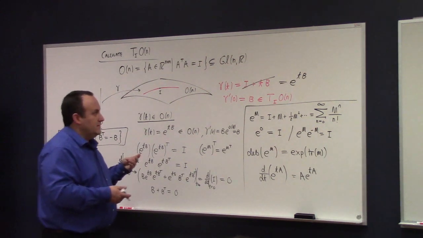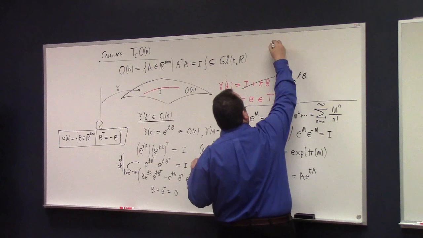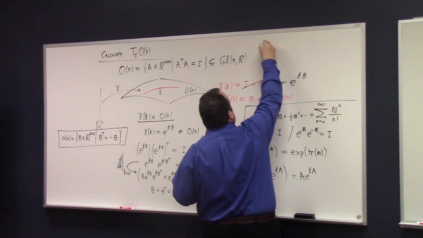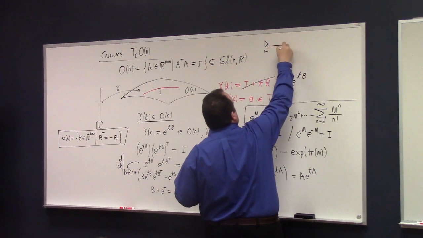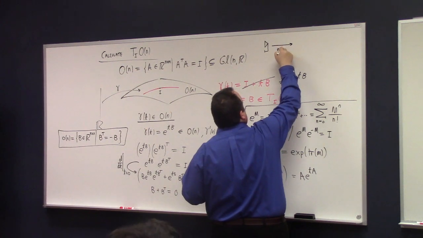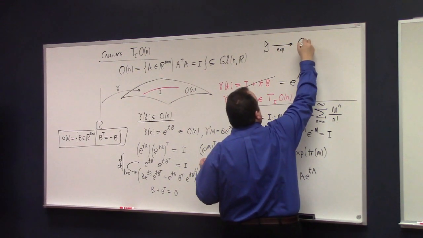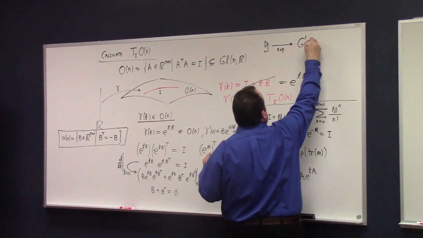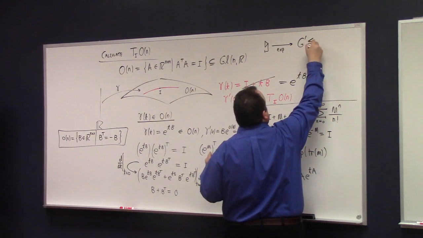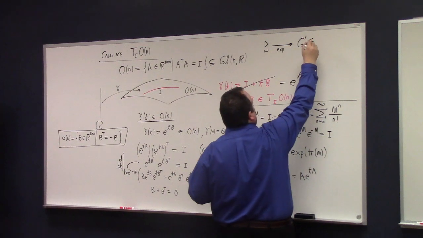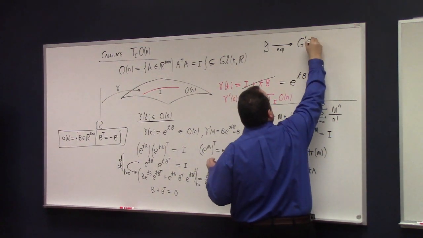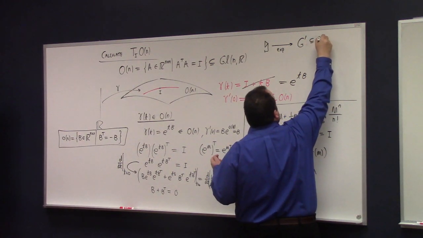Generically speaking, this is what happens. You've got a Lie algebra frak g, and you run it through the exponential, and you get out g prime, which is a subset at least of g.